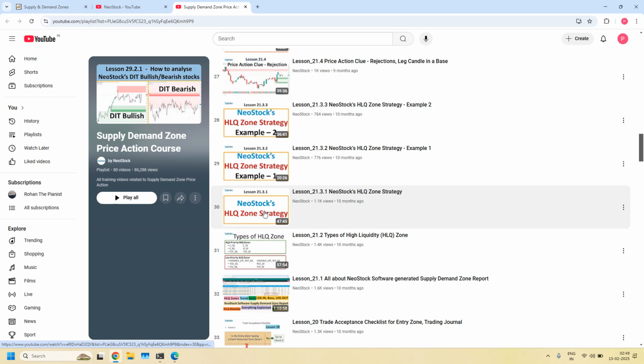Even if you take a trade after 2 days or 3 days, you shouldn't expect an 80% success rate. Slowly the success rate may reduce. That is the reason why I'm suggesting to use the HLQ zones identified by the software only on the next day, and after that you cannot use them. This is the main reason behind suggesting not to carry forward those zones unless our software identifies them again. So this is what you should remember about HLQ zones.